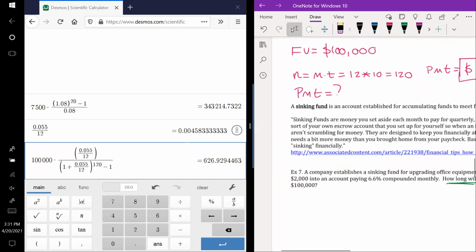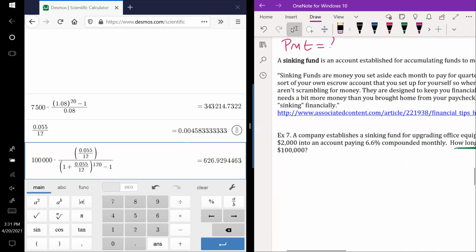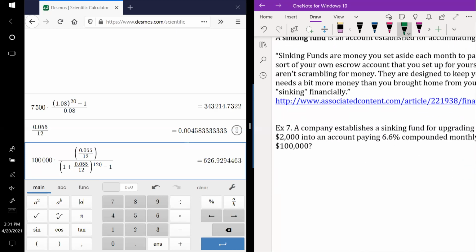Okay, so let's go ahead and put all the components down that they're giving us. And they said that our payments are $2,000. And then it says that it's going to an account paying 6.6% compounded monthly. So I is rate over compoundings, and it's 6.6, so 0.066 over 12.